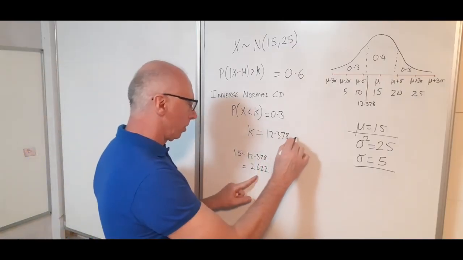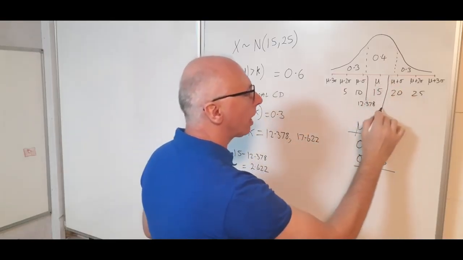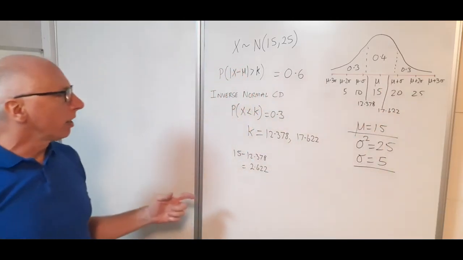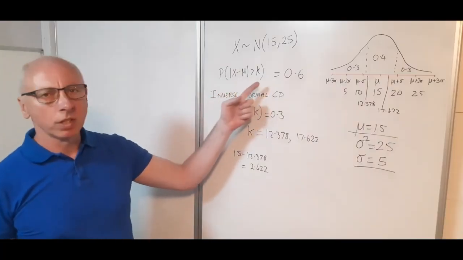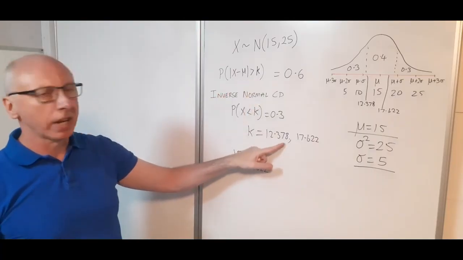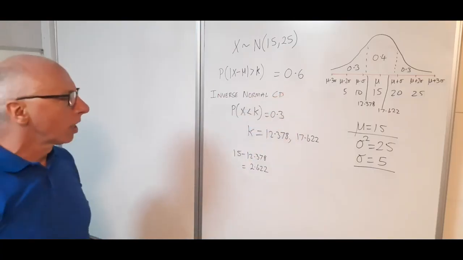So that would then give us 17.622, which would be around about there. So that will be the value, and that will be the answers to our question. So the probability |x minus mu| is greater than 12.378 or 17.62 is 0.6. Okay.